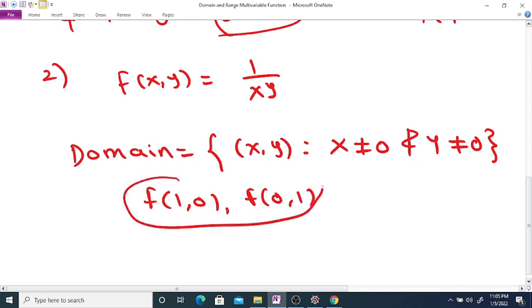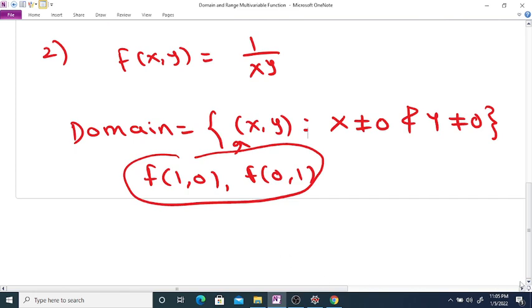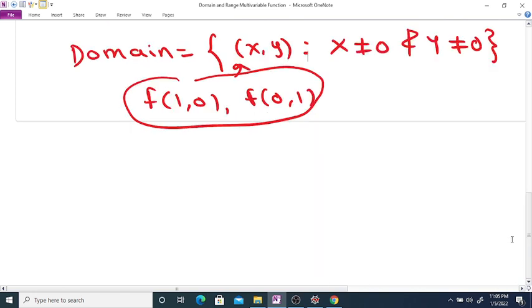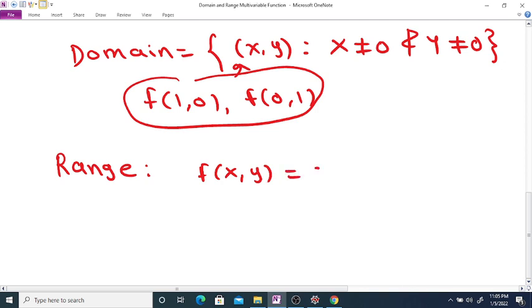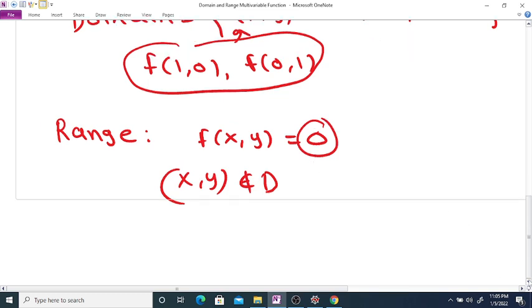Such a pair does not lie in the domain. Now the range of the given function: there does not exist a pair (x, y) in the domain D such that f of (x, y) is equal to 0. So 0 does not lie in the range of the given function.